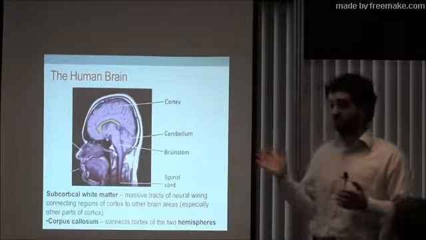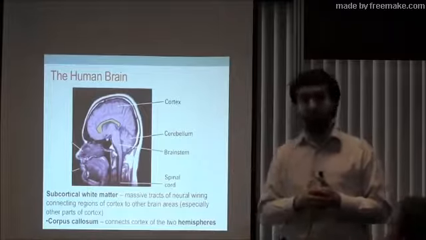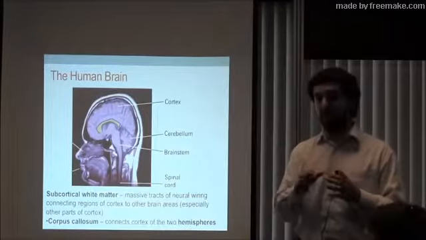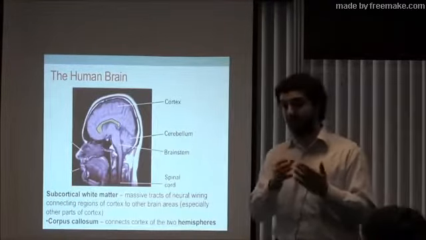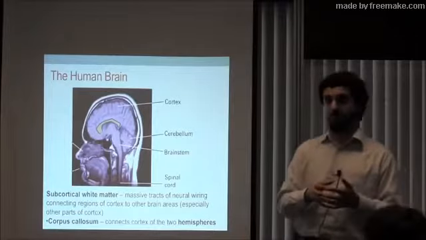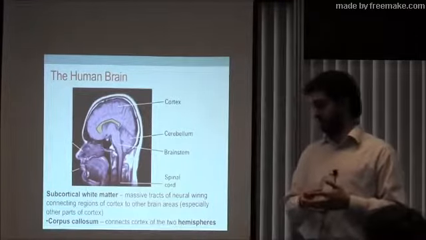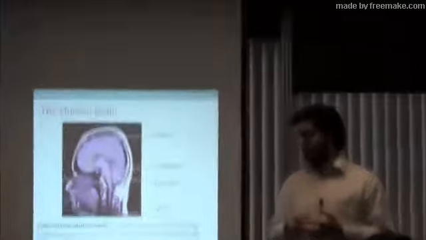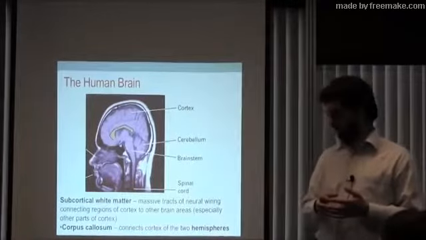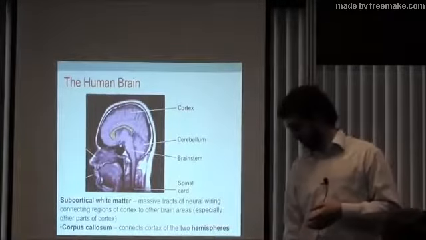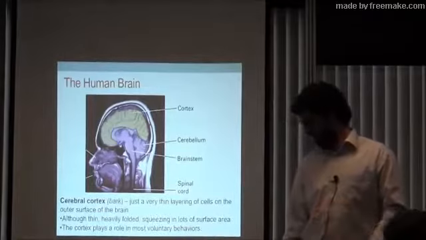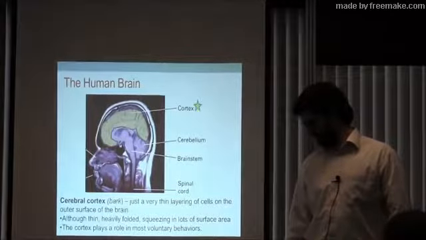What connects these hemispheres in humans is called the corpus callosum. This is a major fiber pathway that connects both hemispheres and supports the exchange of information between these two hemispheres.